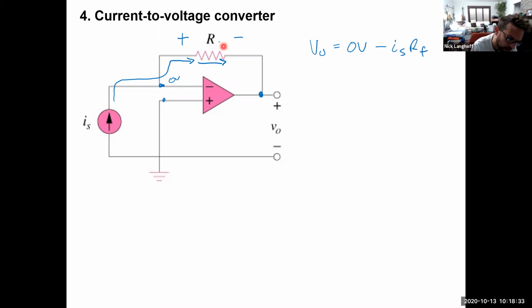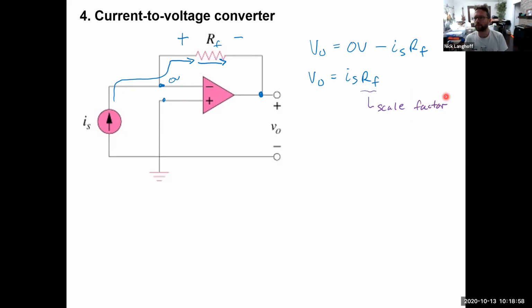Let's put a little F on here, that's the feedback resistor. That's the drop across RF. And so then Vout is equal to minus IS times RF. And that's it. That's the relationship. RF is the scale factor.